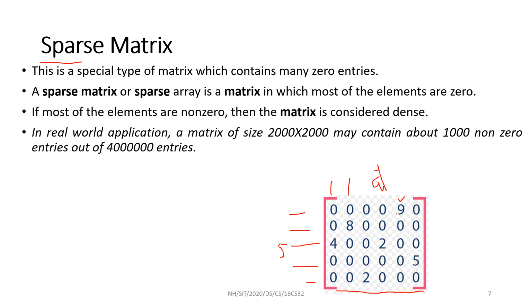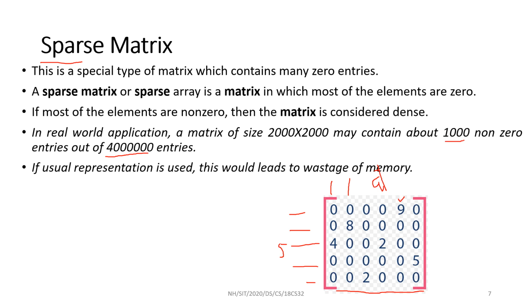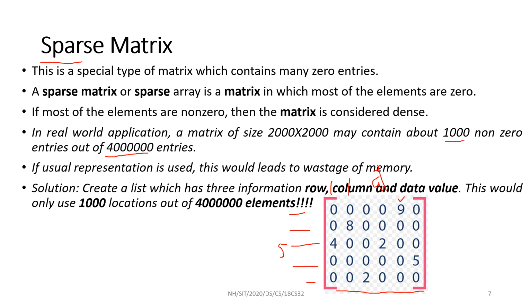In reality, if there is a 2000 by 2000 matrix, hardly 100 or 1000 values are non-zero out of 4 lakh entries. With an ordinary array, you have to reserve all these locations, but we use very few for non-zero values. That is a simple wastage of memory locations. Computer memory is costly, so we should not waste it on storing unnecessary information.